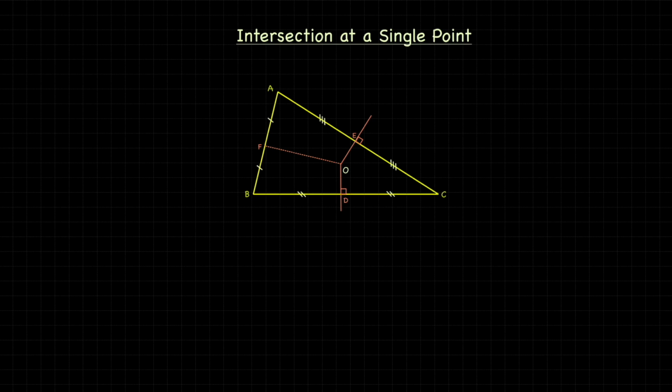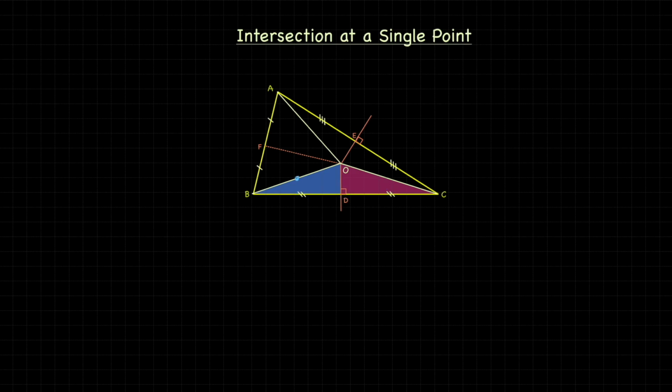The first step is to connect O to all the vertices of the triangle. First, let's consider these two triangles highlighted here. These two triangles are congruent because these sides are equal, the angles are equal, and there's a shared side. So by the SAS rule, these two triangles are congruent.